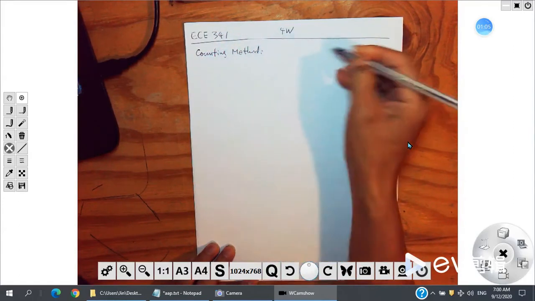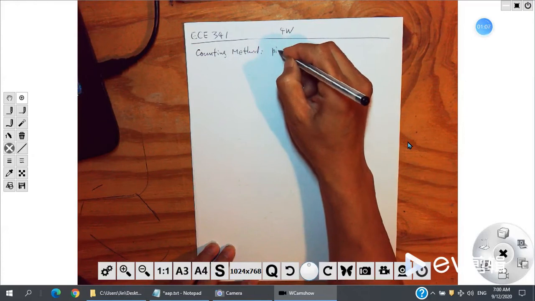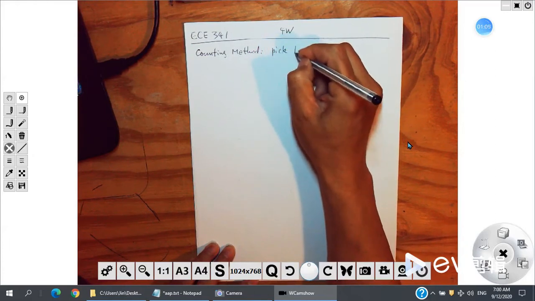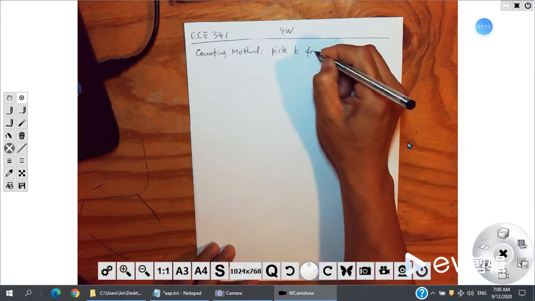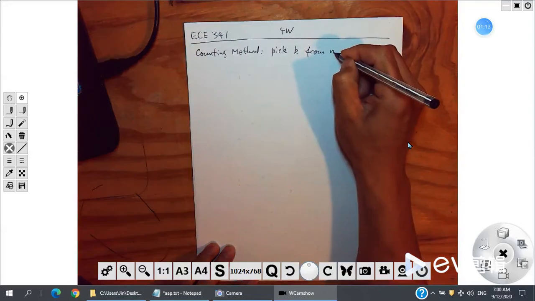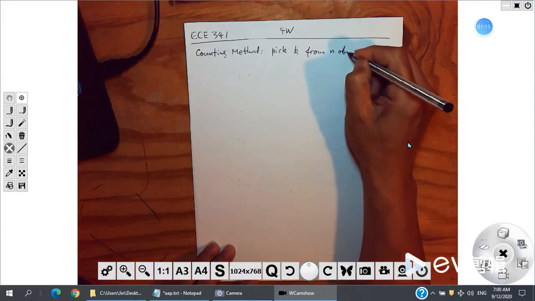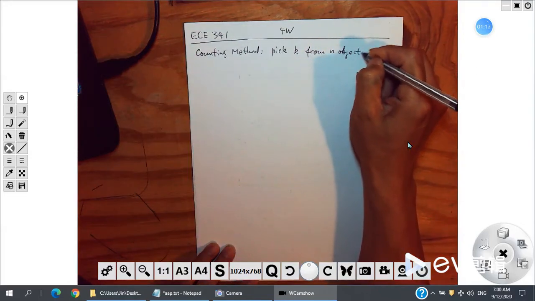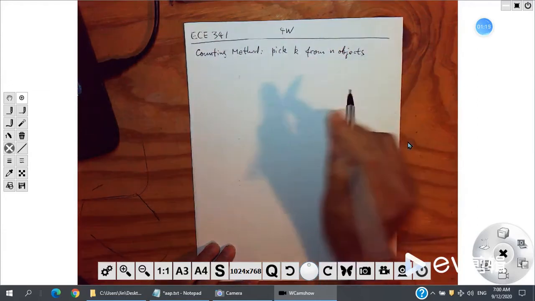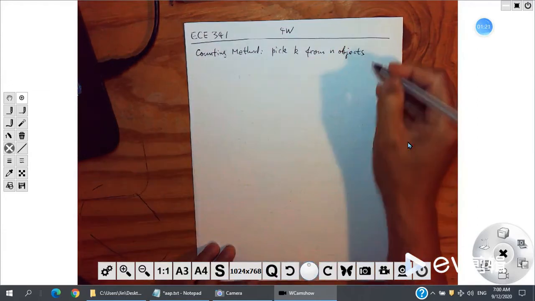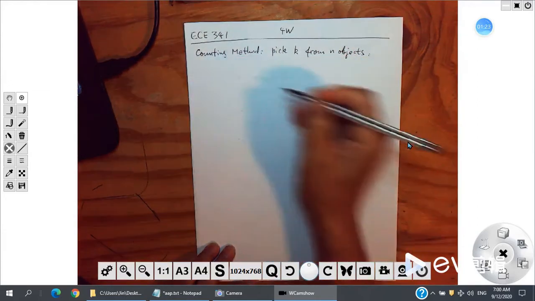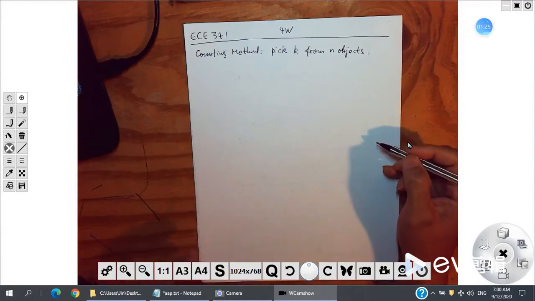So we consider we want to pick k from n objects. Suppose we have n objects, we want to pick k from it, and we have discussed three different cases.